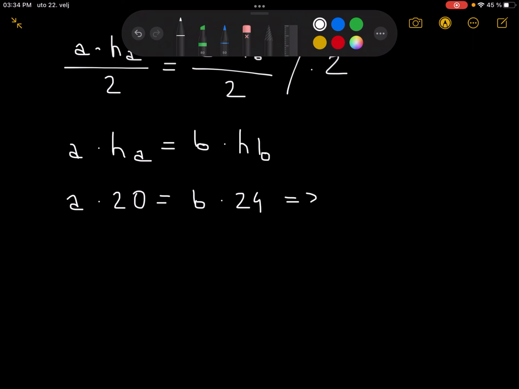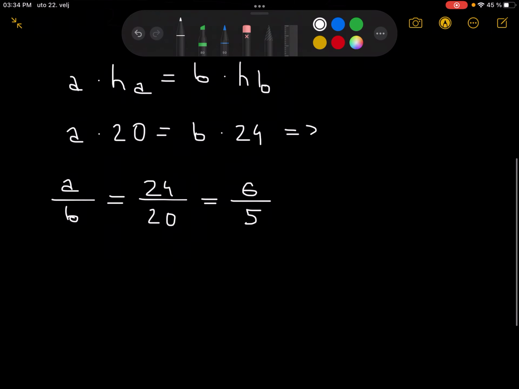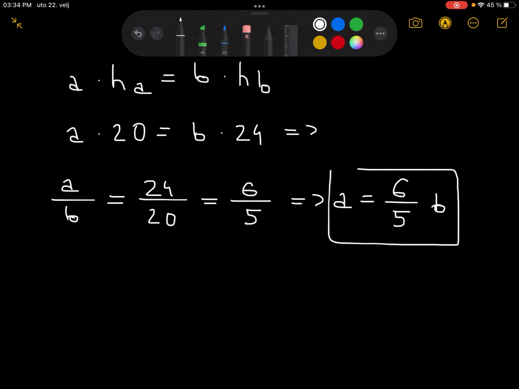From here we get that A over B is equal to 24 over 20, which is just 6 over 5, or A is equal to 6 over 5 times B. That's one of our equations.